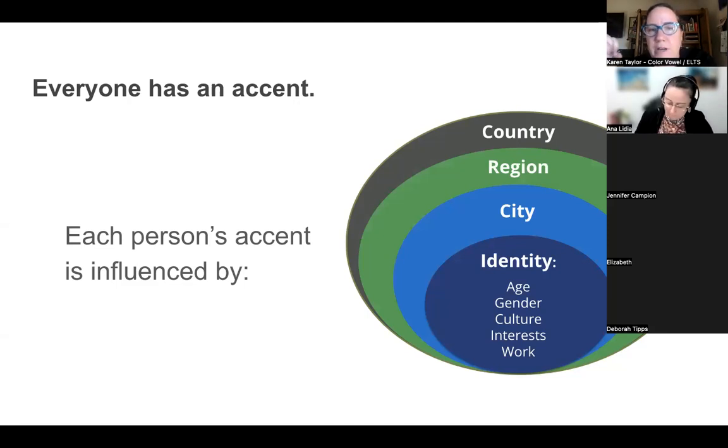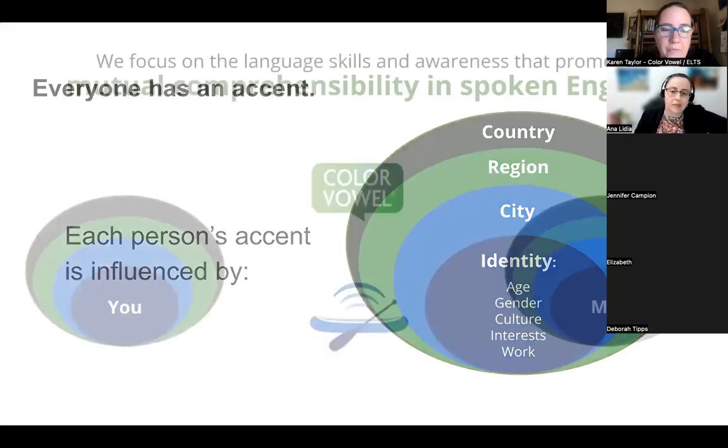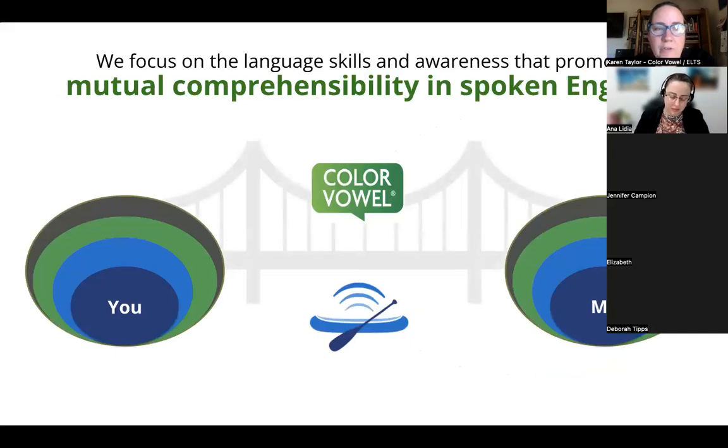And so we're really going to break down this notion of a this-or-that kind of approach, and instead think of speakers of English, both native and non-native, in the same room with the same objective, which is to communicate. So we focus on mutual comprehensibility, not so much how our accents are different, but what unites our accents in this mutual place.